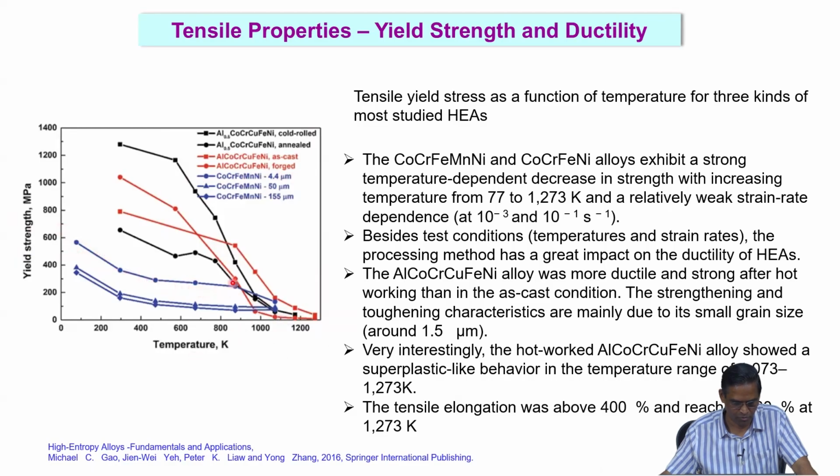It loses strength smoothly as the temperature increases as compared to the other conditions. What we are seeing is these two alloys exhibit a strong temperature dependence, a decrease in strength with increasing temperature, and relatively weak strain rate dependence.